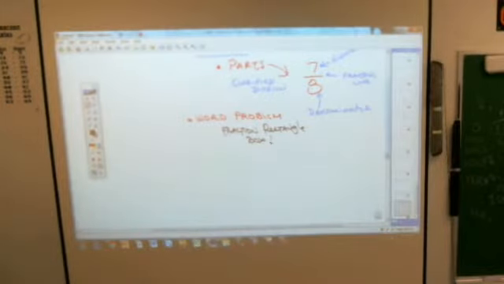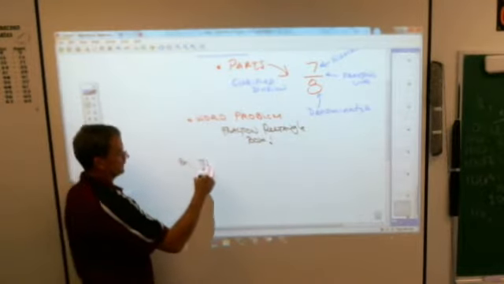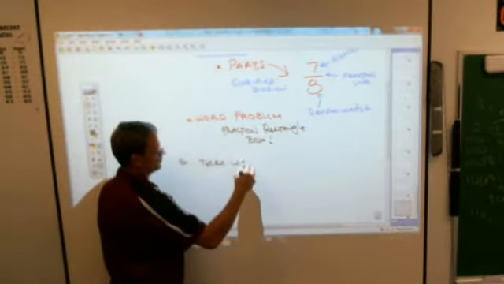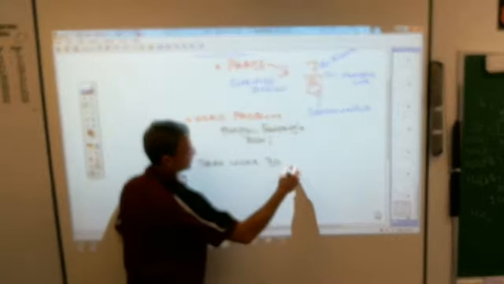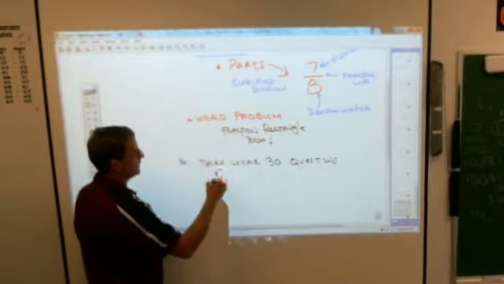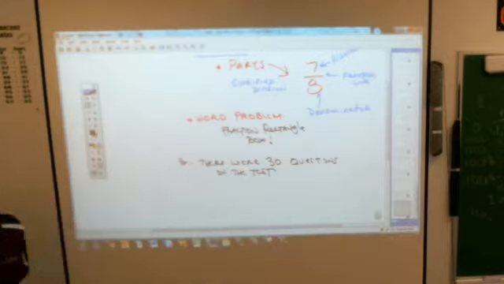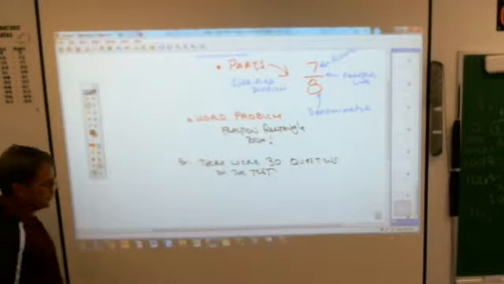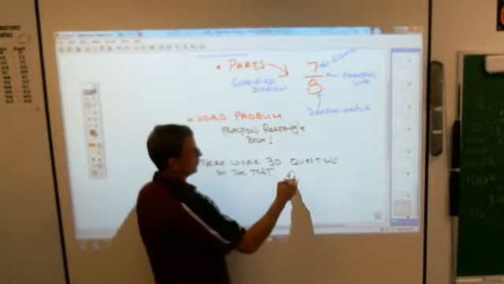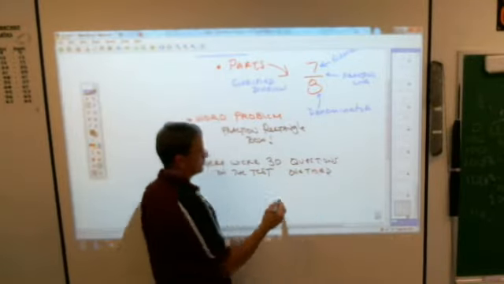But here's the deal. Here's an example problem. There were 30 questions on the test. 1/3 were true and false, and 2/5 were multiple choice.